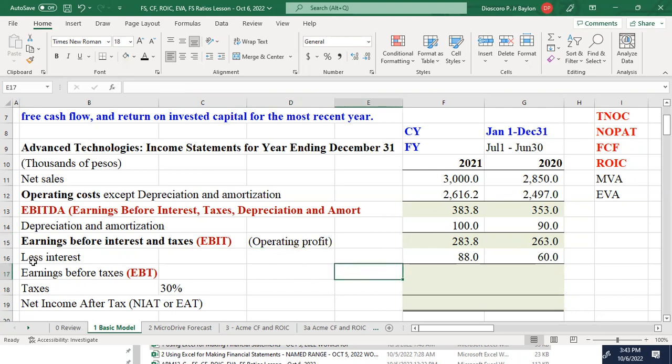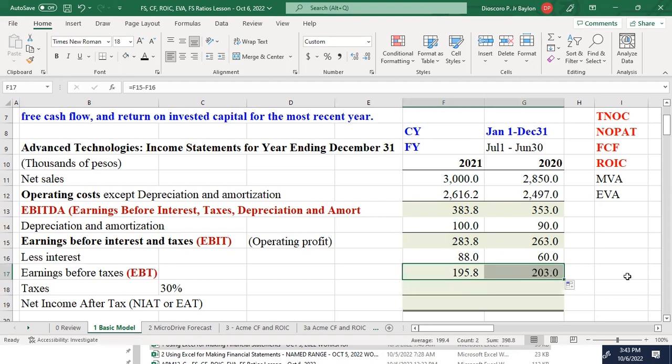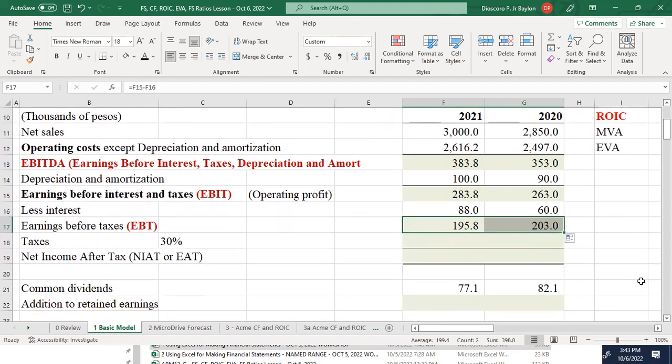And then we now subtract your financing expenses, interest, which is financing, and taxes, which is considered also part of financing. Operating profit less interest. In this case, it's 88 and 60 respectively. So we have this amount minus that one. All right. So we are now up to EBT, earnings before taxes.